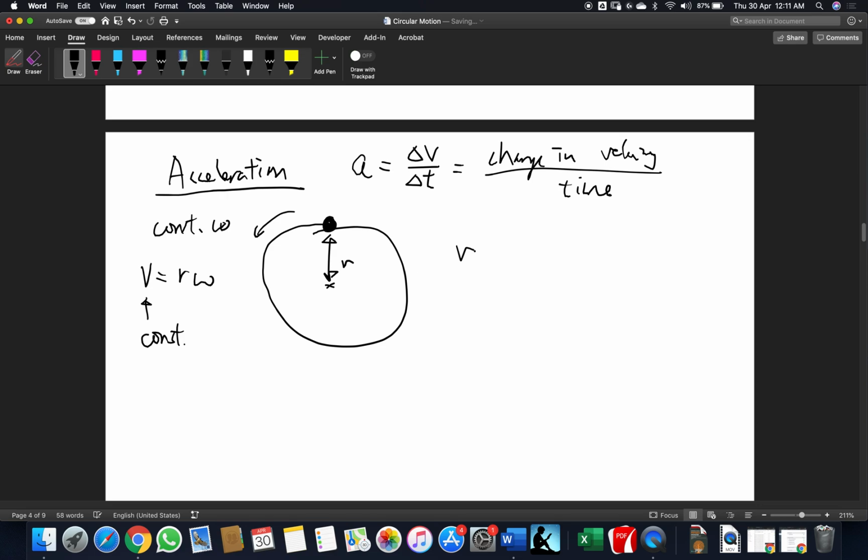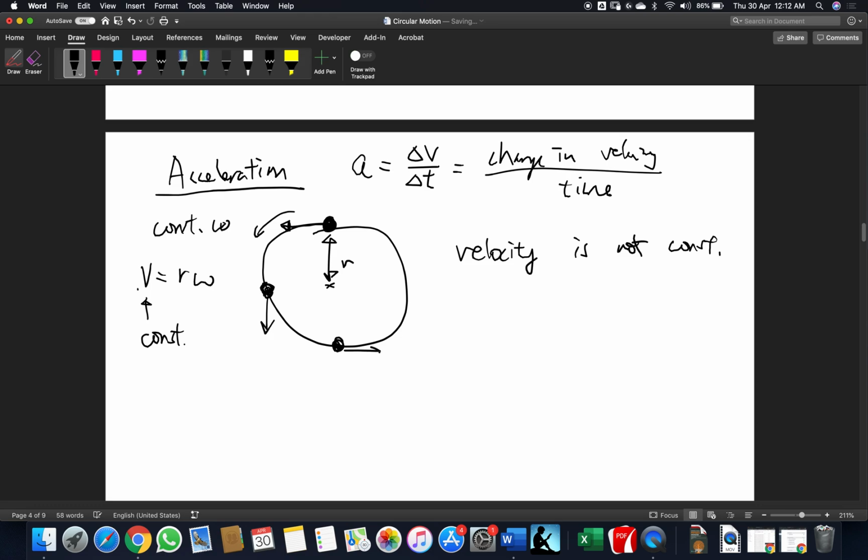Does it mean that the velocity is also a constant? No. In this formula, v just gives you the magnitude, but it doesn't say anything about the direction. So the velocity is actually not a constant. In different positions, the particle has different directions of motion.